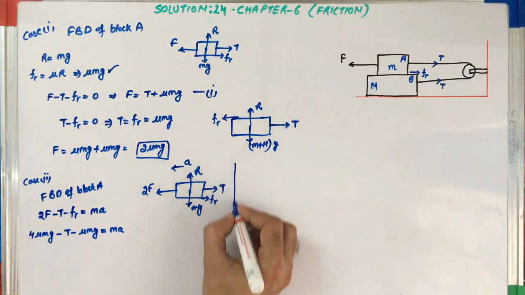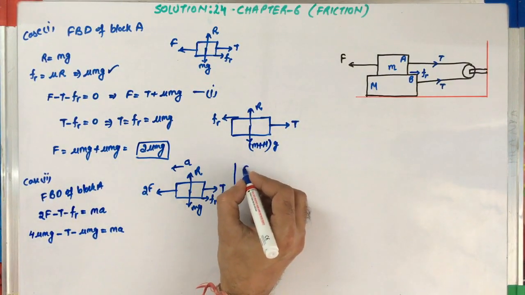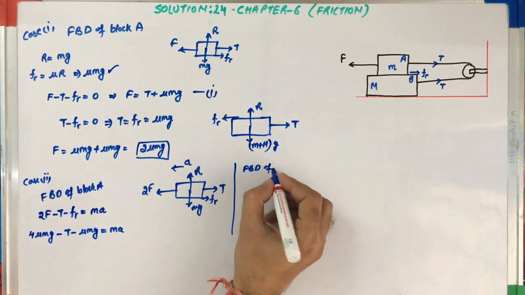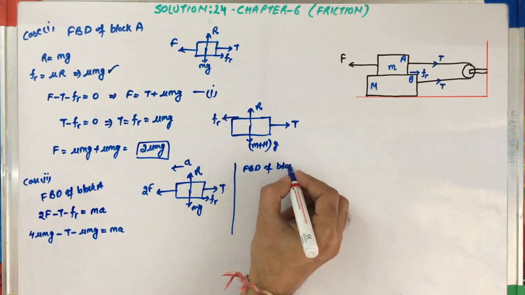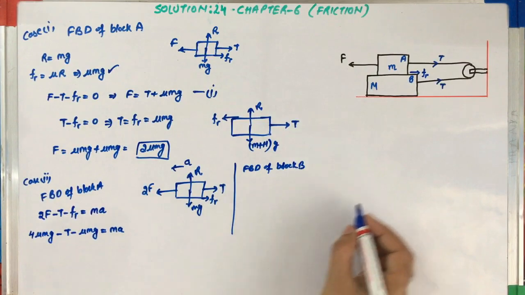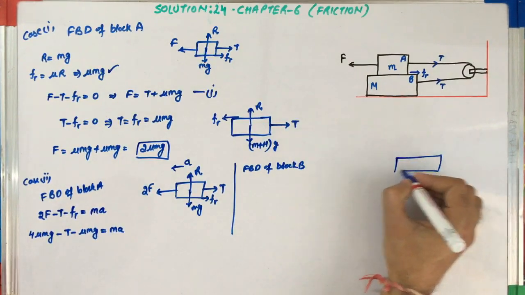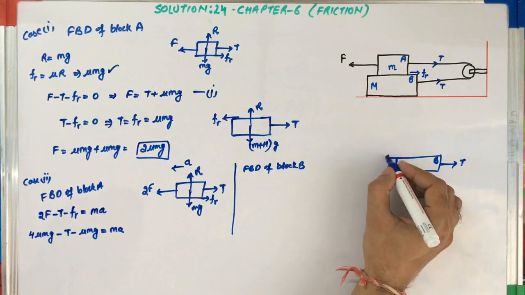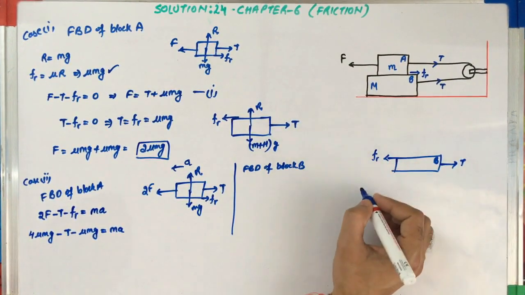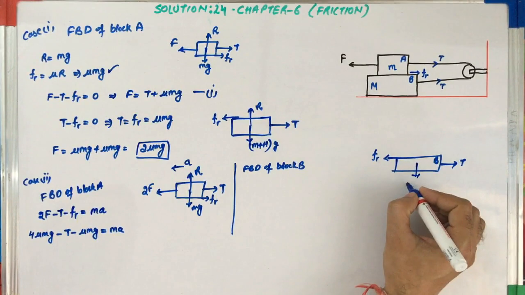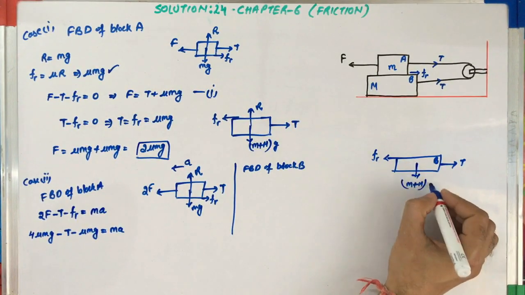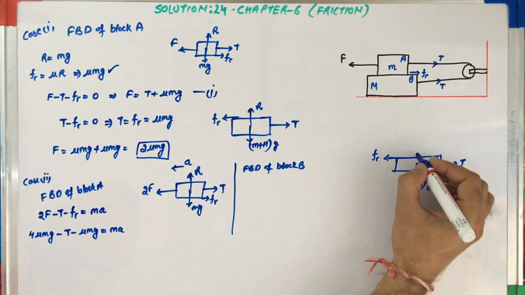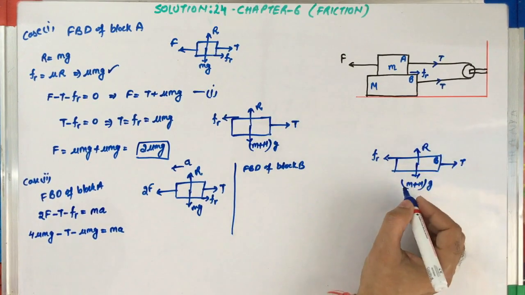Now similarly, the FBD of block B. This time, this is the block B. The tension T is in the right hand direction and the frictional force is Fr. The weight M plus m times g will act in the downward direction and the reaction force in the upward direction.